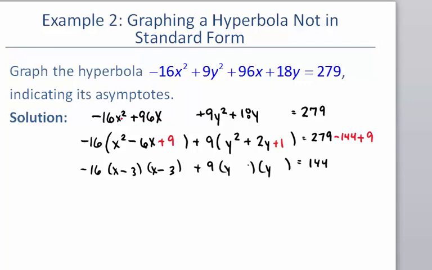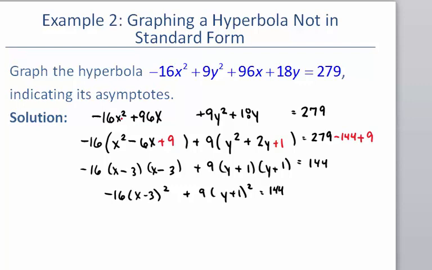To make a 1, we'll need 1 times 1. And since there are no negatives anywhere in the original, we're going to keep these positive. So I have negative 16 times (x minus 3) squared plus 9 times (y plus 1) squared is equal to 144.